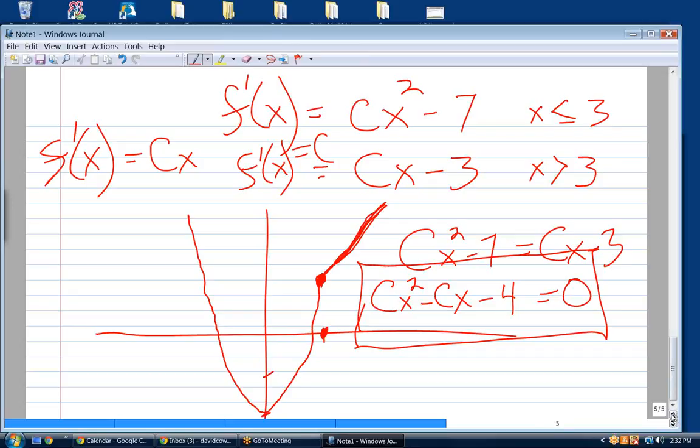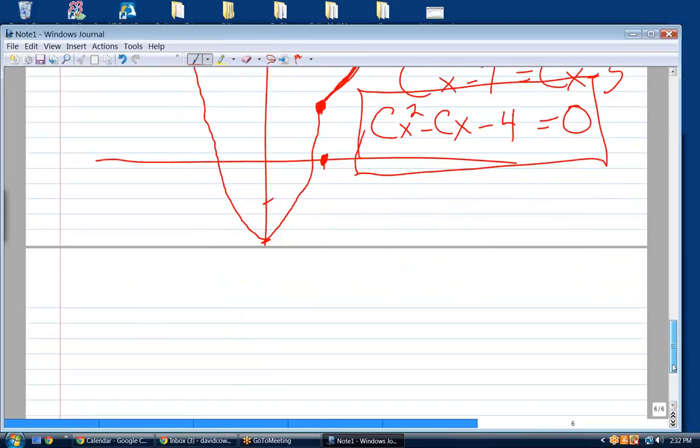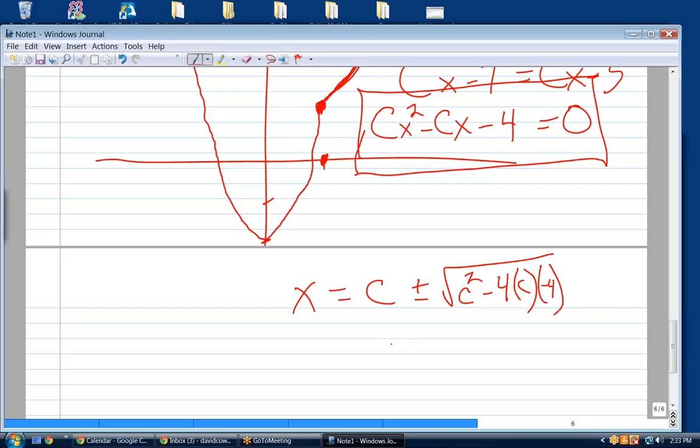What if we say that x equals minus b, which is C, plus or minus the square root of C squared minus 4a, which is C, times C, which is minus 4, all over 2C. It doesn't solve for C.